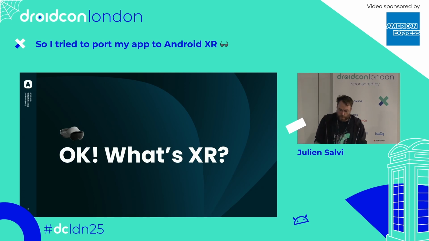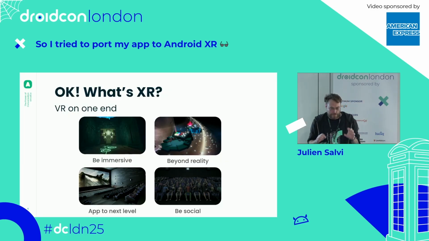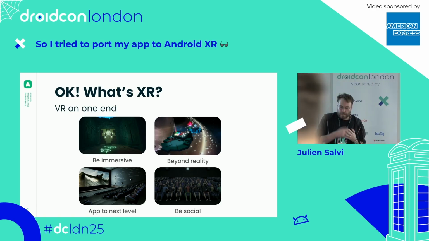Okay, so what's actually XR? In short, you take VR on one end, AR on the other end, put it together, you shake, and then you have XR. Okay, that's an easy definition, but you have VR on one end, which is about being immersive.